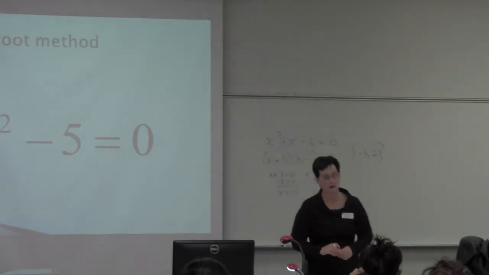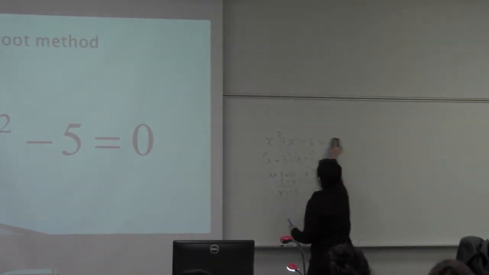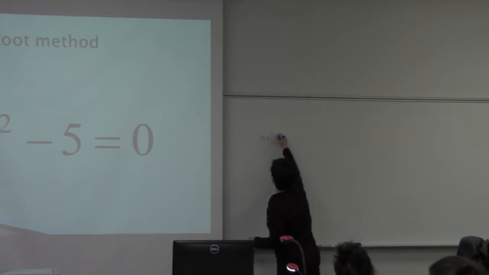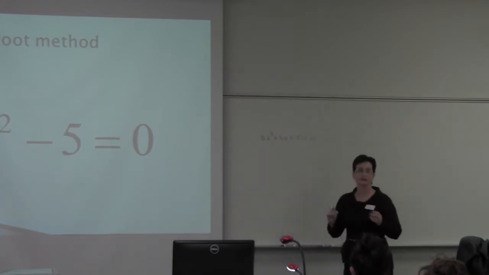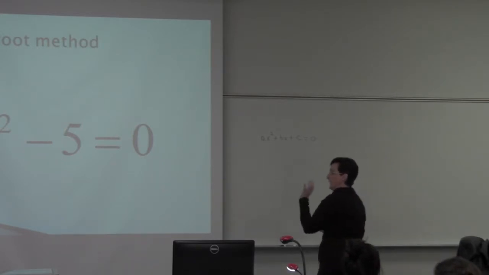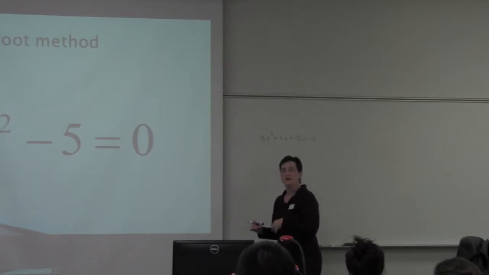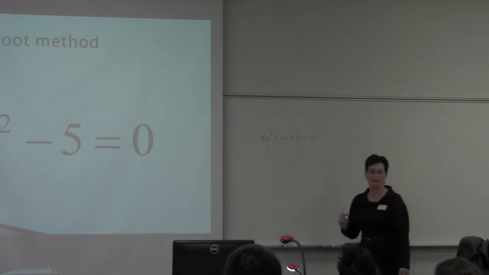The square root method. What's different is that for most of our methods, we want to put it into standard form. Ax squared plus bx plus c equals 0. We want it in standard form. The square root method is the exception to that rule. We don't want it in standard form.